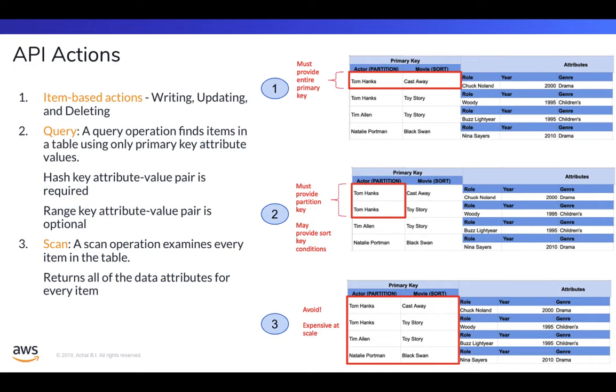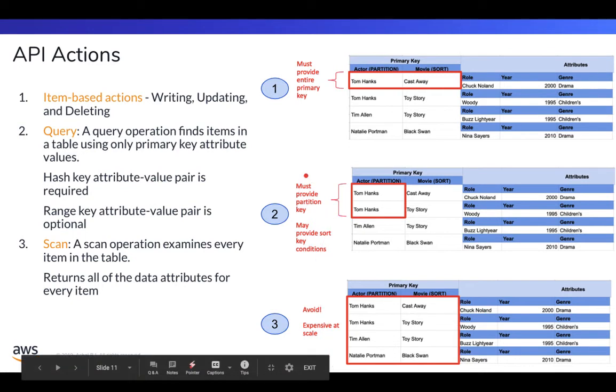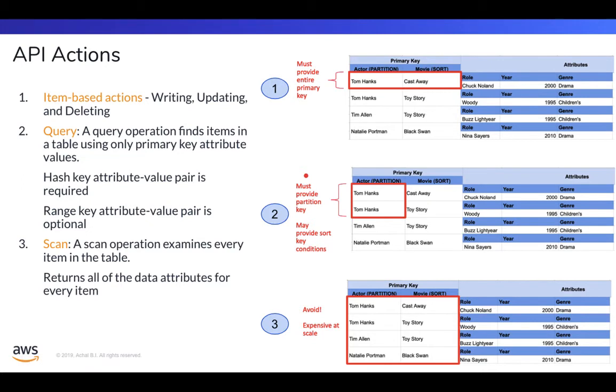If you have a composite primary key, you have to provide both partition and sort key, or if you have a simple primary key, you have to provide the partition key. There is also a query operation. In those circumstances, you must provide the partition key, and the sort key is not mandatory.